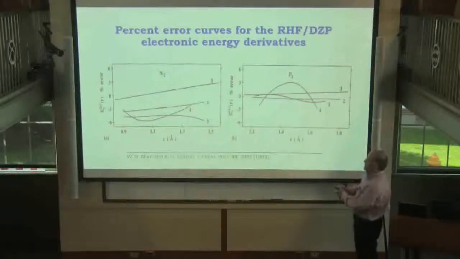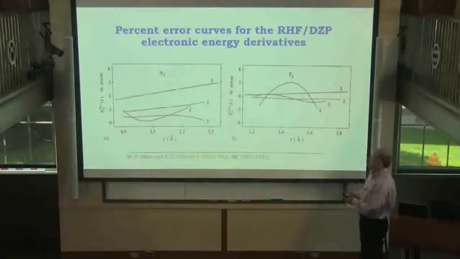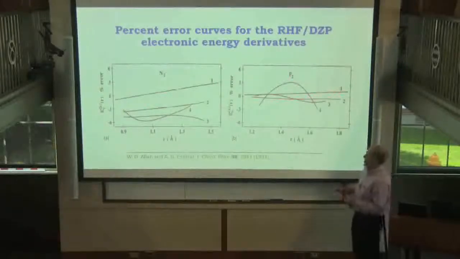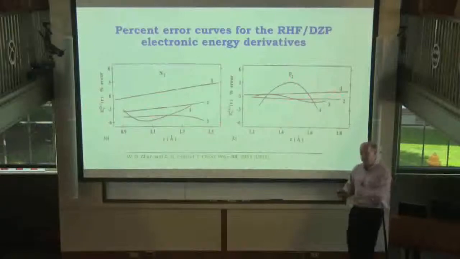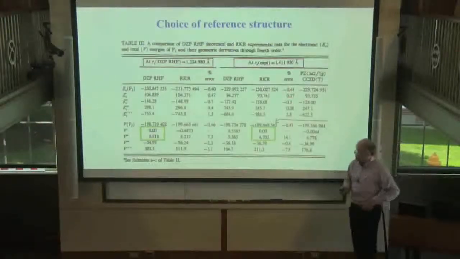For N2, the first derivative varies very smoothly with the distance. It is 0 where we have the experimental geometry, and the same thing for F2. The higher order derivatives vary a little bit more, but you can get those quite accurately also.